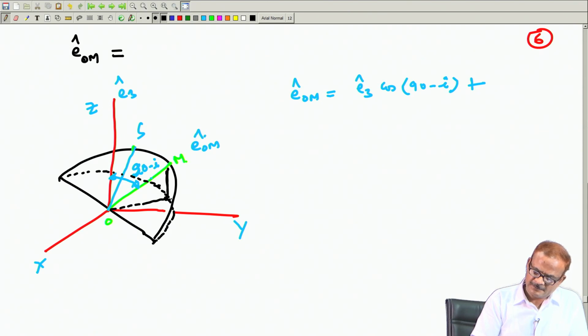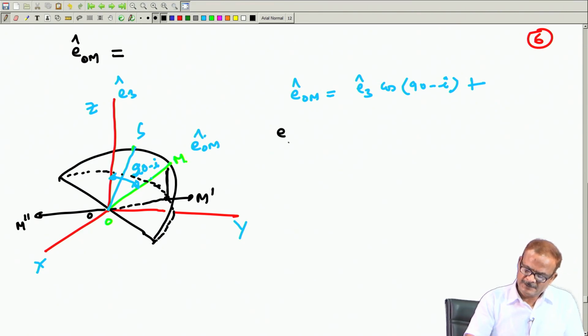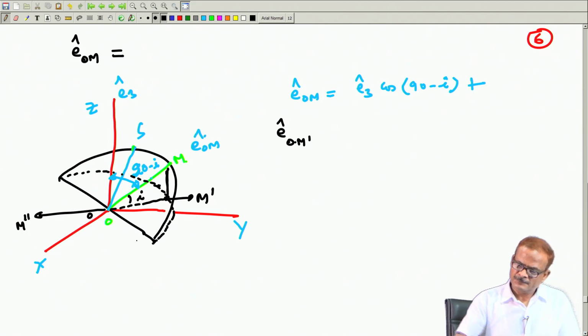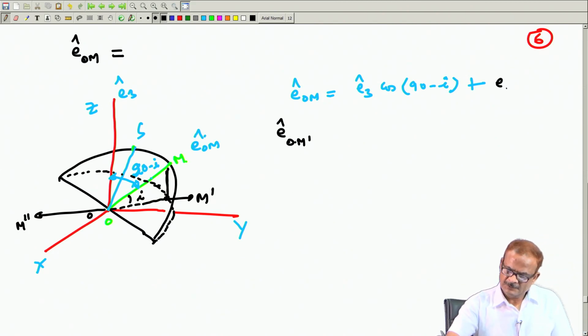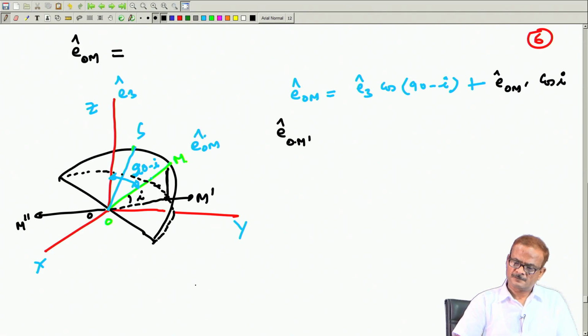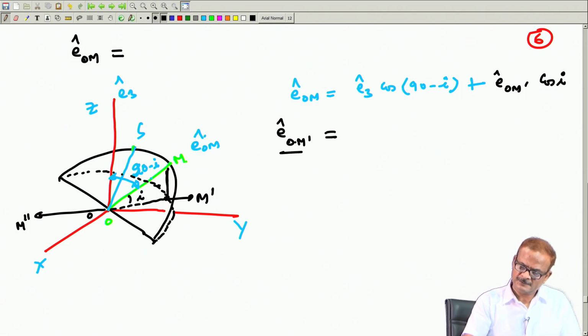This point is M, this is M prime and this is M double prime. So, we need the OM prime vector, and we know this angle is I. So, we write E_OM prime cos I.